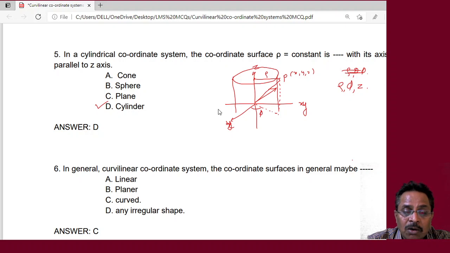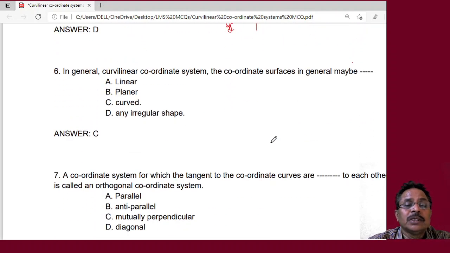All the questions we have discussed up till now are based upon the type of system and the coordinate surfaces as well as the coordinate planes and so on. In a general curvilinear coordinate system, the coordinate surfaces in general may be curved. It cannot be linear all the time, it cannot be planar all the time, it must be curved.